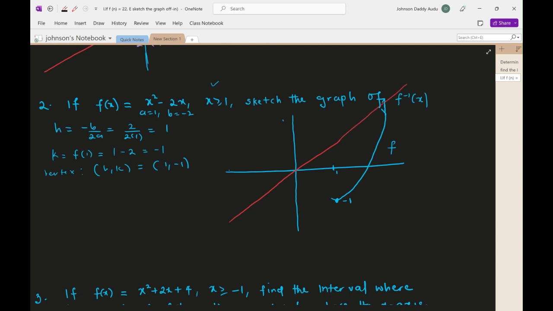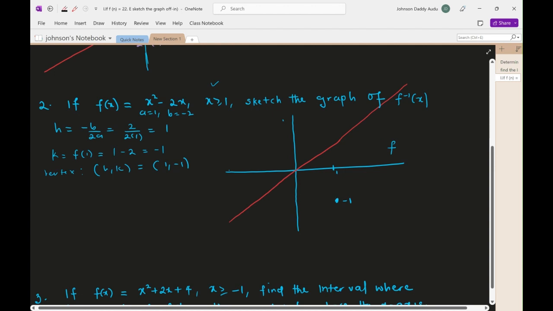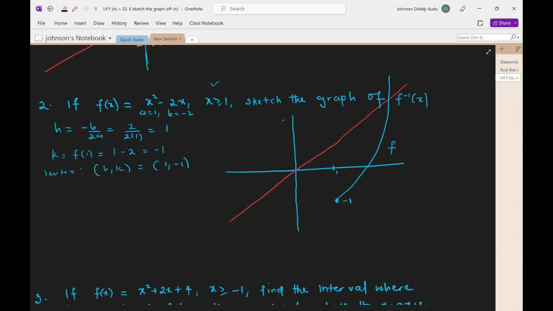It will keep going, and at some point, it's going to cross the curve as well. Okay, so let's see how to get our points.